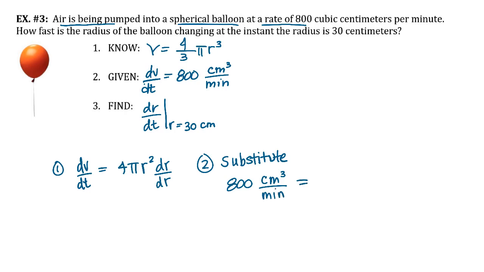equals 4 pi, and then we're going to have r squared. And r was 30 centimeters. And so we're going to have r squared, and then dr/dt is what they're asking us to find. And so here I wouldn't do a lot of multiplying out because things will cancel.